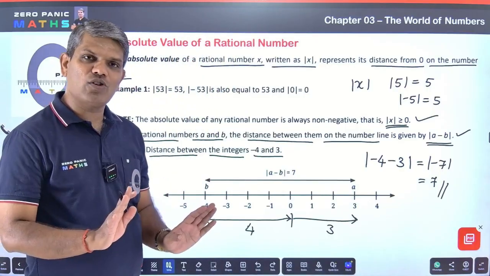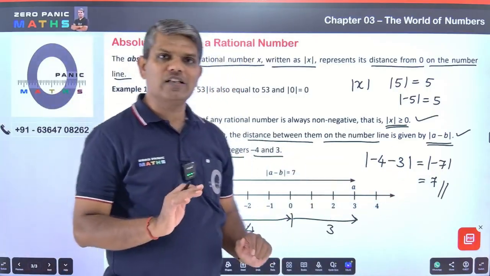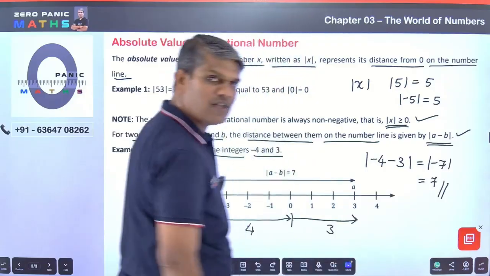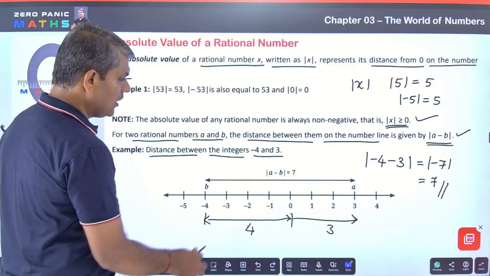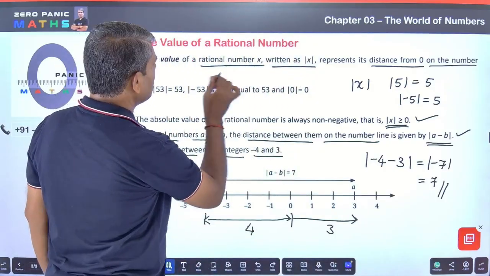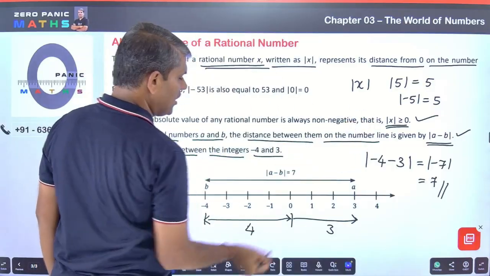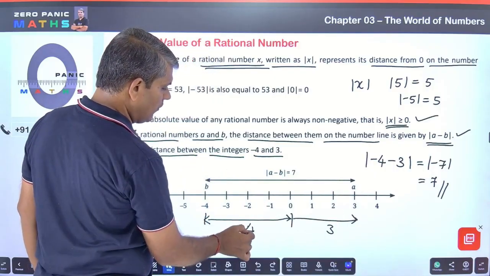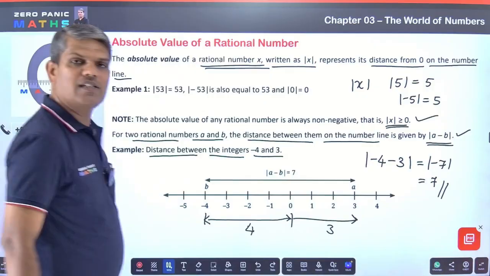Absolute of minus 7 is also 7, and absolute of plus 7 is also 7. This is how we mathematically get the distance between two numbers on the number line. Or by the definition, the distance from 0 to the given number, you can also find that the distance is 7 units.